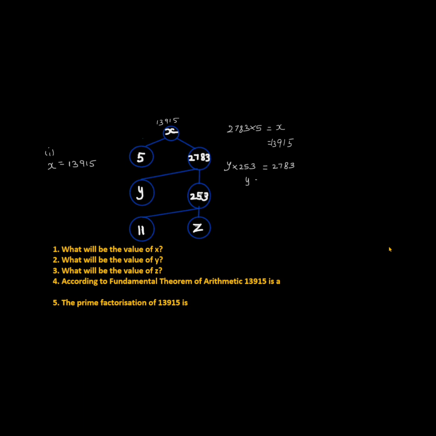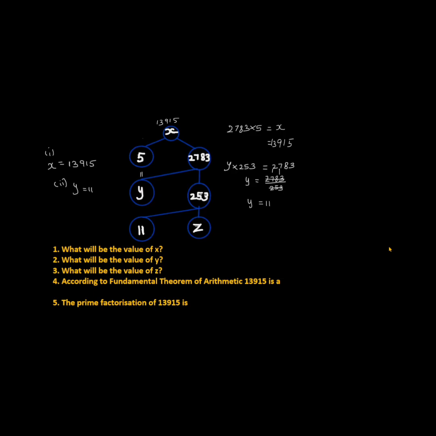So to find y, we can divide. 2,783 divided by 253. When we divide, we get 11 times. So y is equal to 11. The answer for the second subdivision is y is equal to 11.